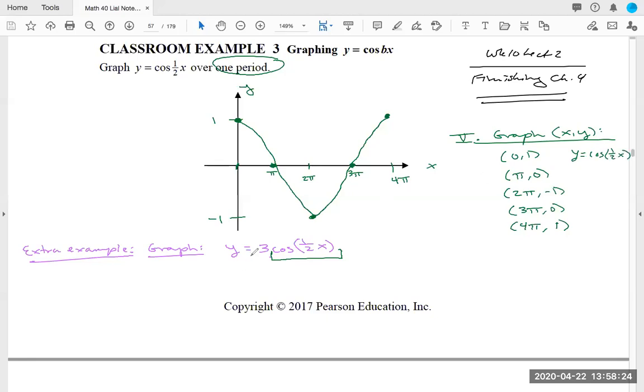So when we're plotting, we're just going to multiply these y values by 3. If you need to, do the whole long process out, but a shortcut for you: the x values will still be 0, pi, 2 pi, 3 pi, and 4 pi.